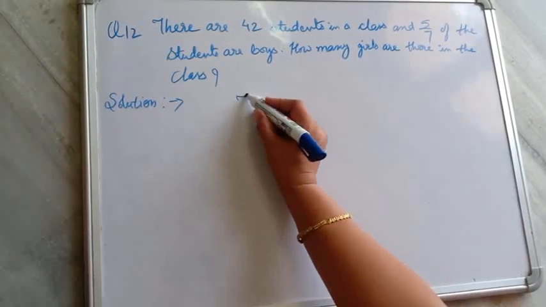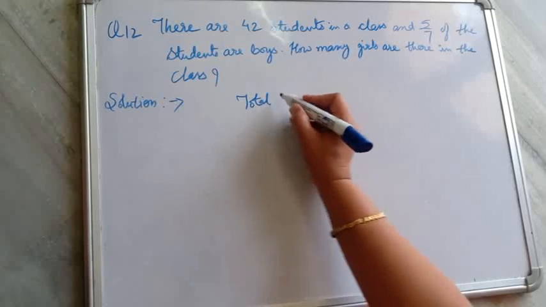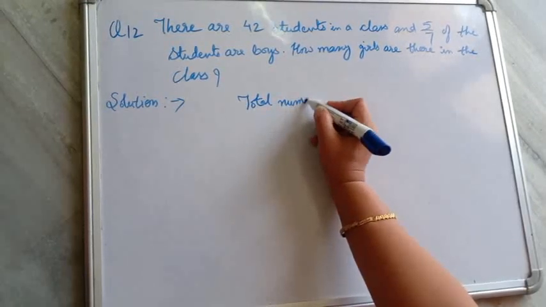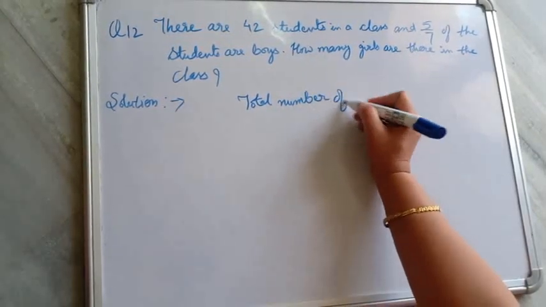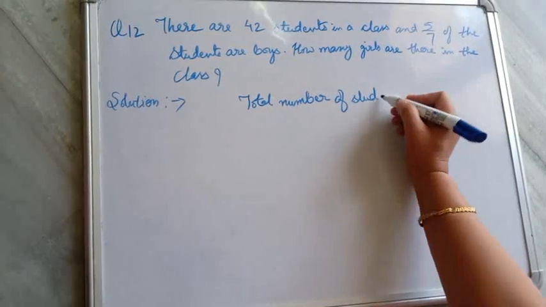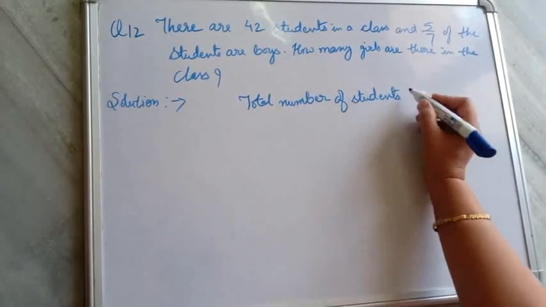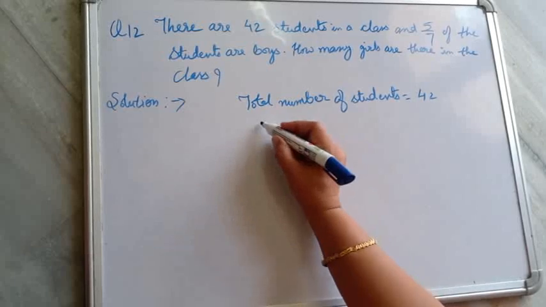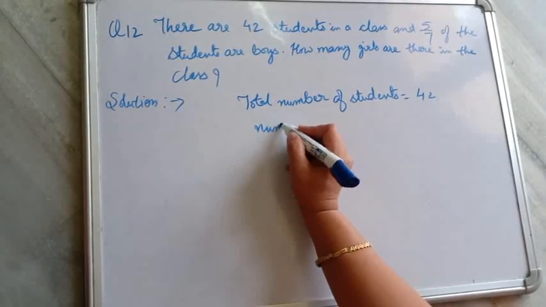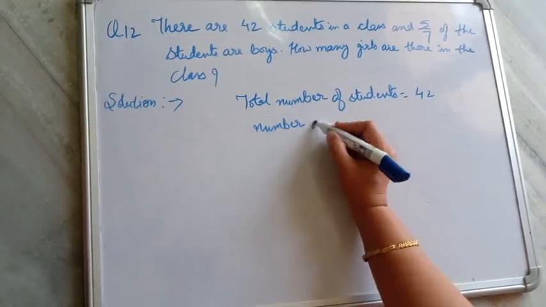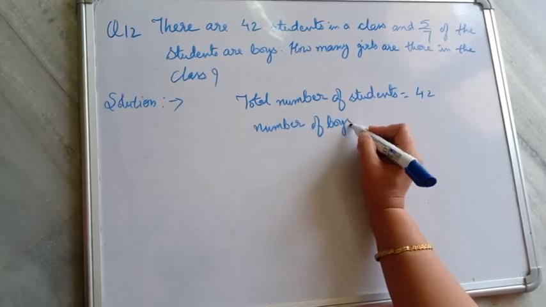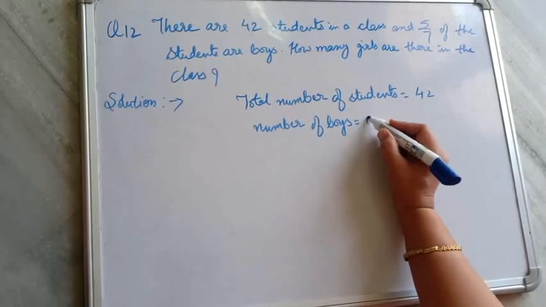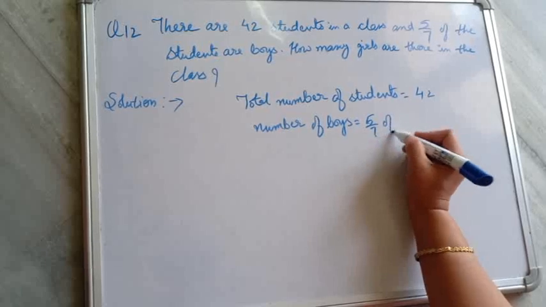So first of all, we will write total number of students, 42. Number of boys is equal to 5 by 7 of 42.